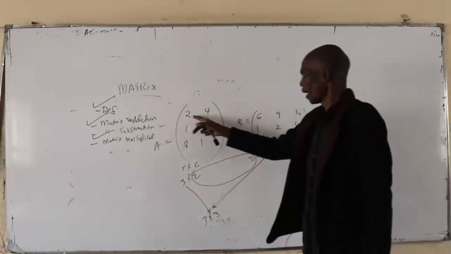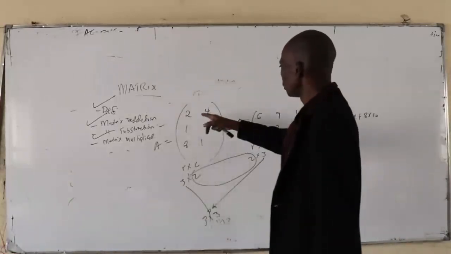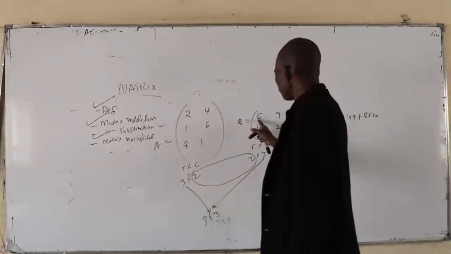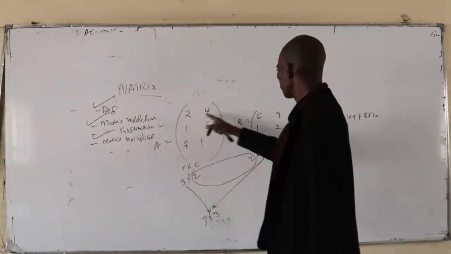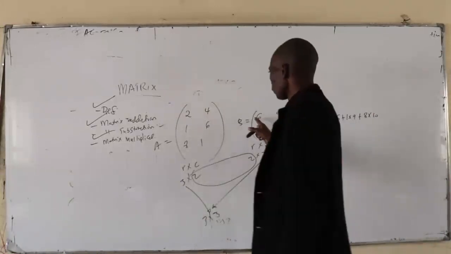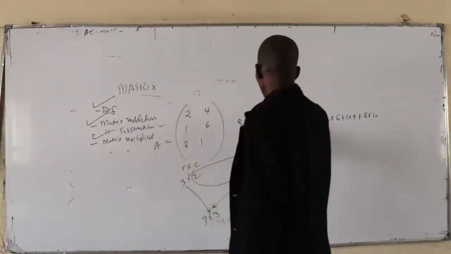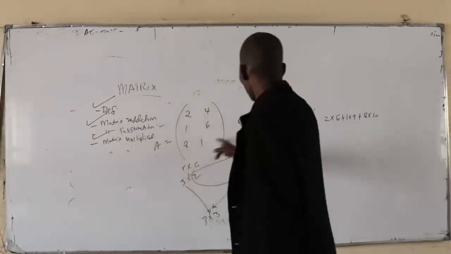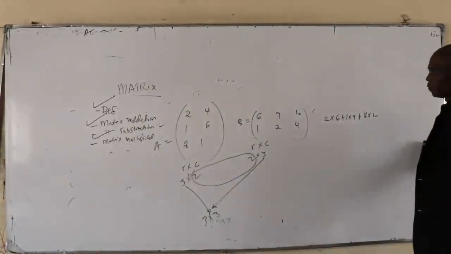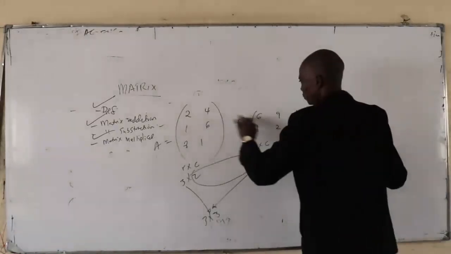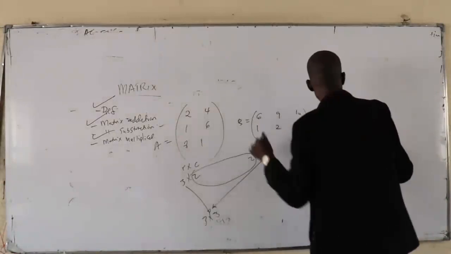So the row times column, this one times that. So 2 times 6, 1 times 9, 8 times 10. So we have the rows. We multiply this one with this one, plus that, this times that.